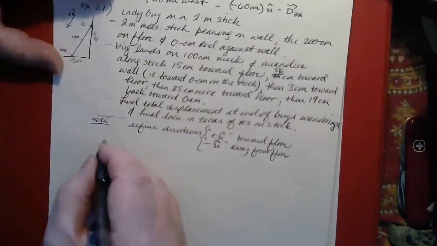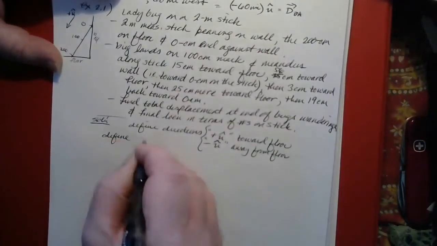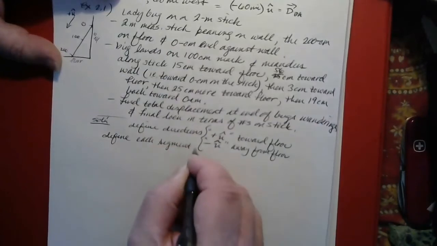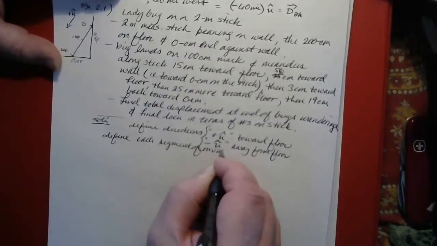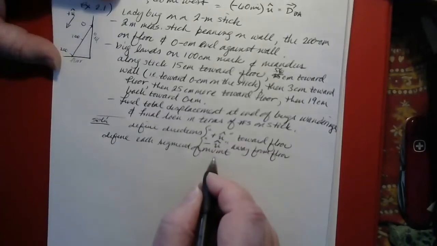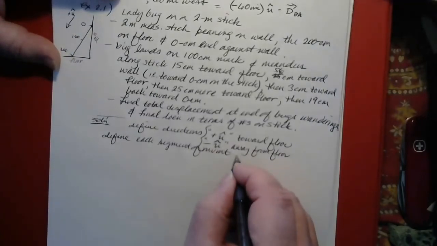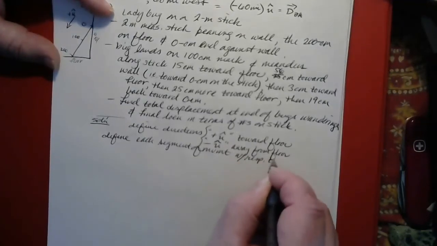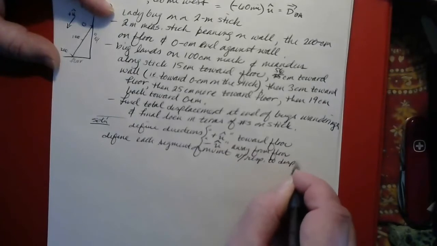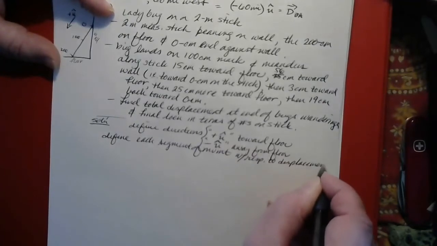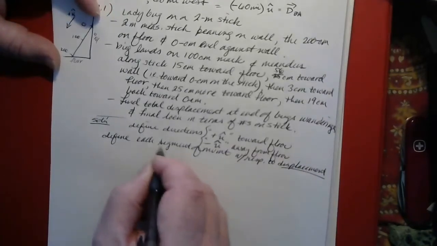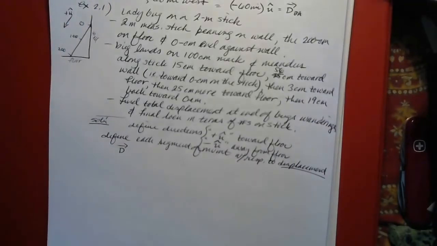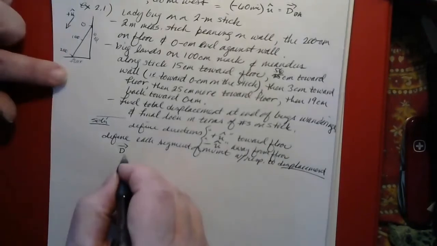Okay, so what we have to do now is define each segment of movement in terms of displacement. Let's designate them as segments 1 through 5.